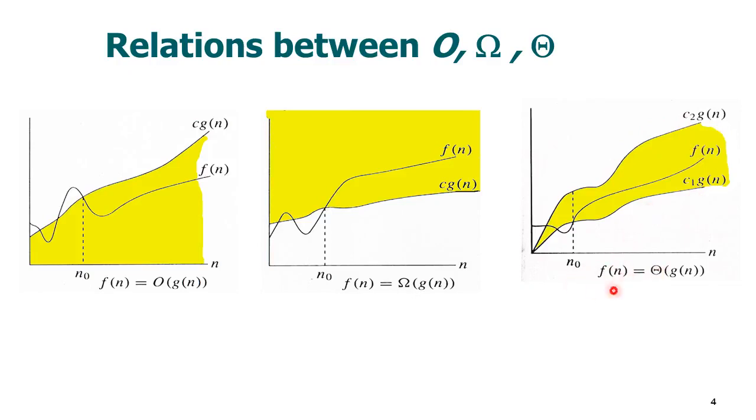Then we say that f(n) is equal to theta(g(n)). Hence big O notation is used for upper bound, and it is for the worst case. The second is the best case, and this is the average case. In the next slide we will discuss what is the best case, average case, and worst case.